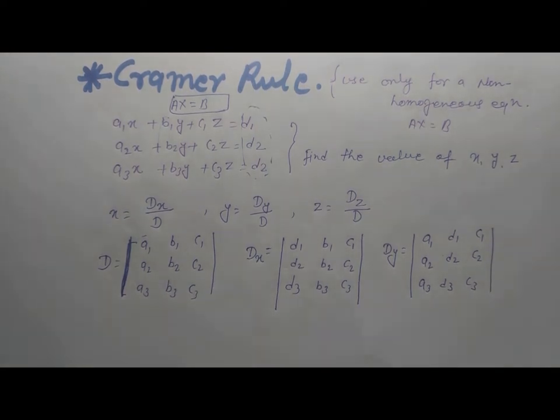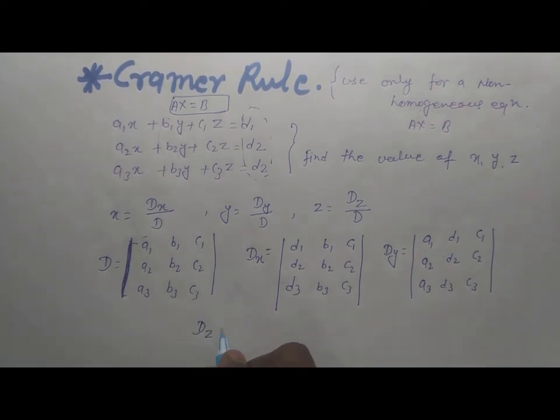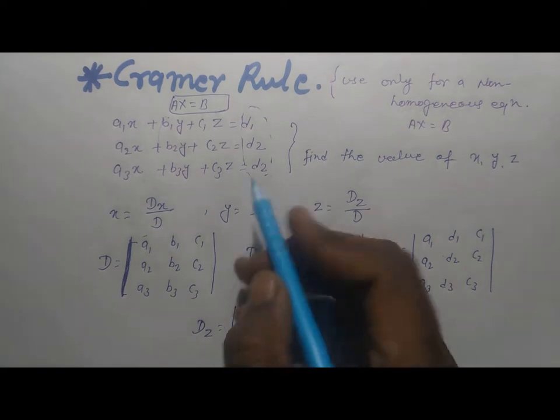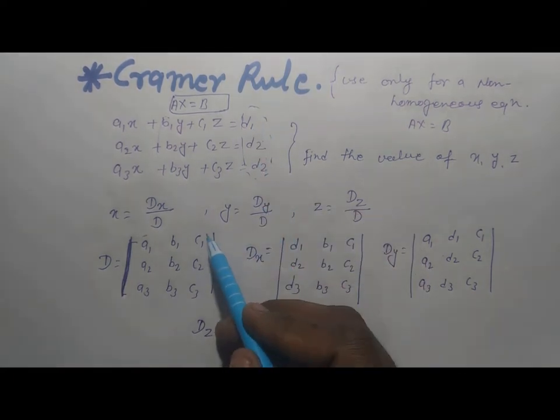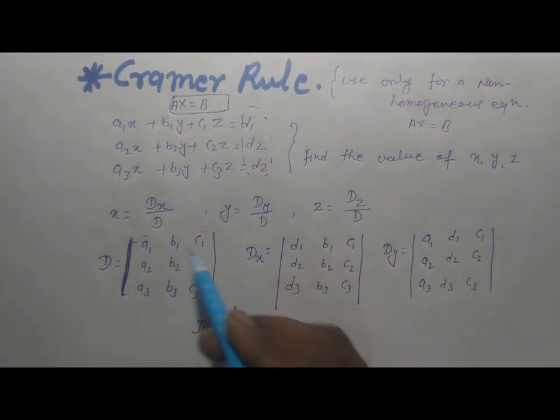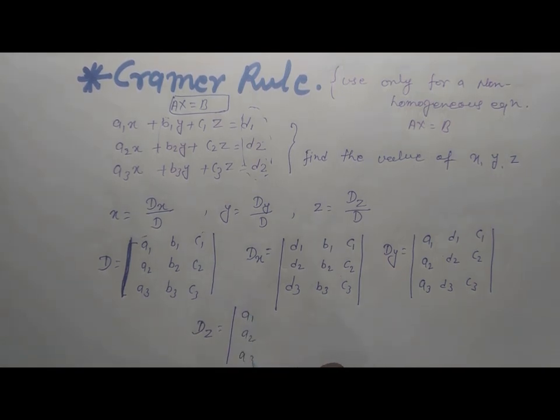Then we can find dz. Simply replace the coefficients of z with the constant values and write the other coefficients of x and y in the same place. Then dz equal to a1, a2, a3 is the coefficient of x, b1, b2, b3 is the coefficient of y and d1, d2, d3 is the constant value.